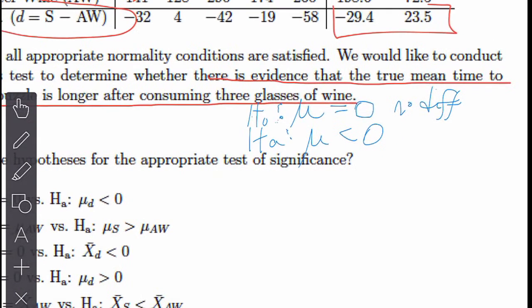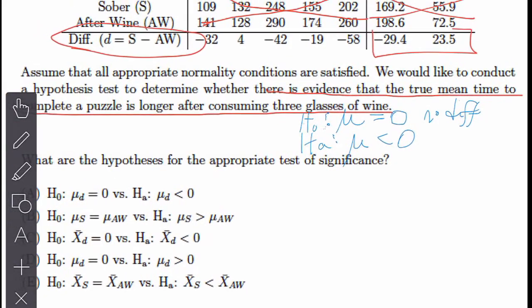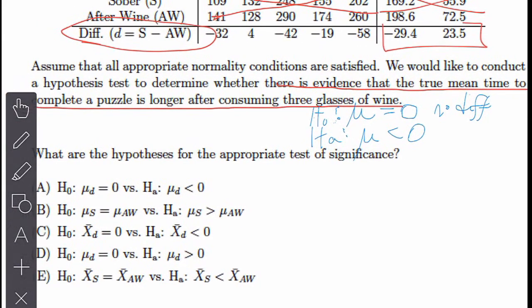So that's why the answer is A. I didn't put the little d down here as a subscript. It's not critical. What's critical is that you use the difference data. So the answer is actually A.